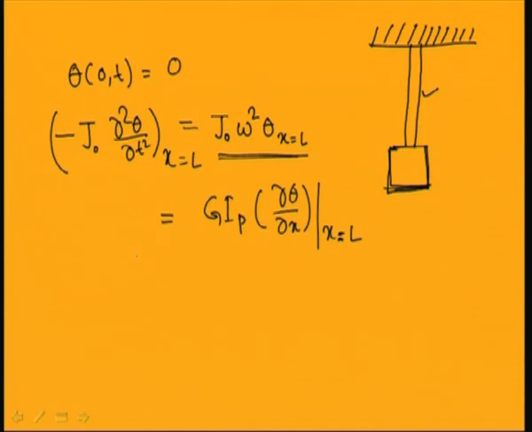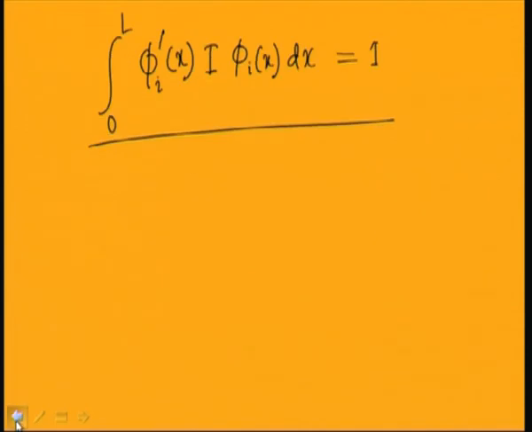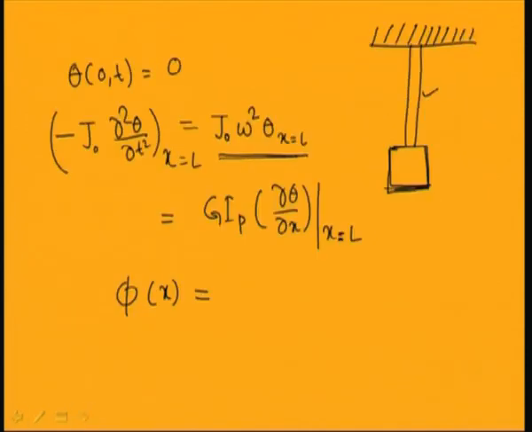So in this case now I can put phi x, which I have already written, as A sin omega by c x plus B cos omega by c x. This is the general expression.